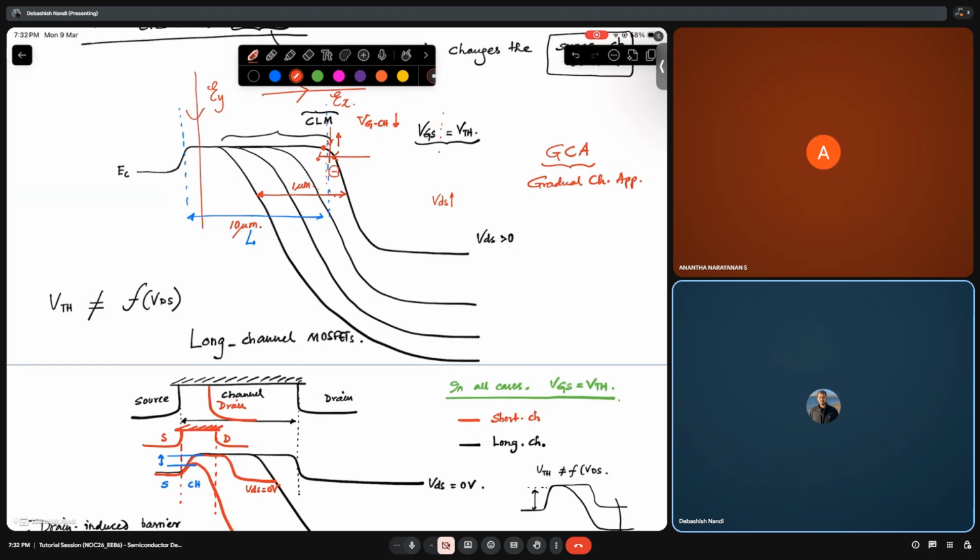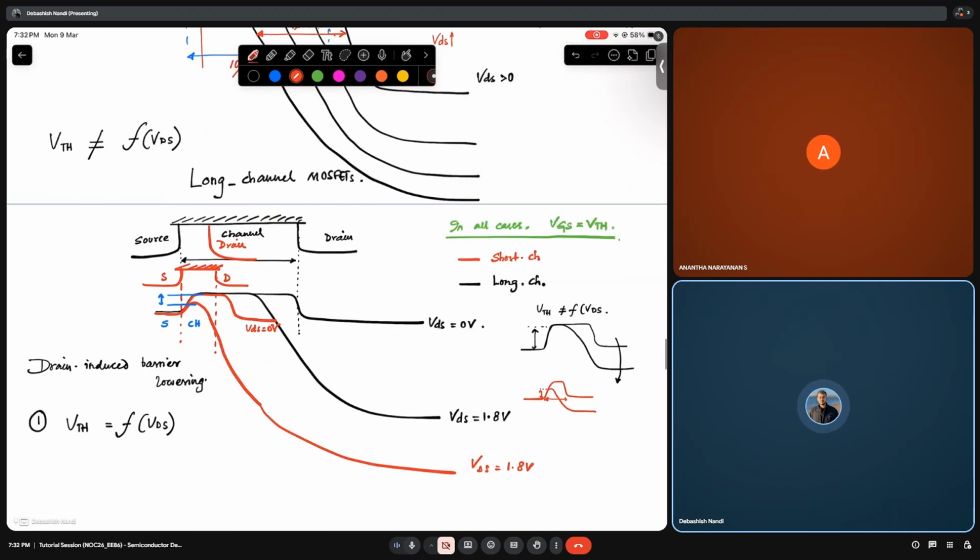But in case of, let's say, a 1.5 or 2 micrometer short channel device, my depletion length will be the same, right? At the same bias, what does my depletion length depend on? It is dependent on the bias, the built-in potential, and doping.